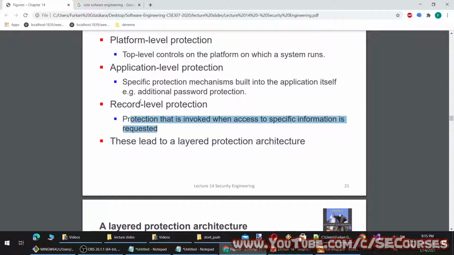This could prevent cases where, for example, you have logged in to your Gmail account on a public computer and forgot to sign out, and another person comes in and tries to change your password or other information of your account. Then the password or other information would be asked. So this is record level protection.